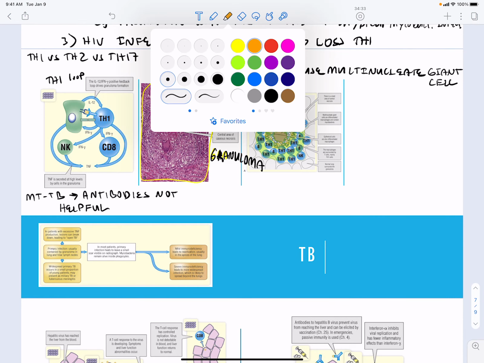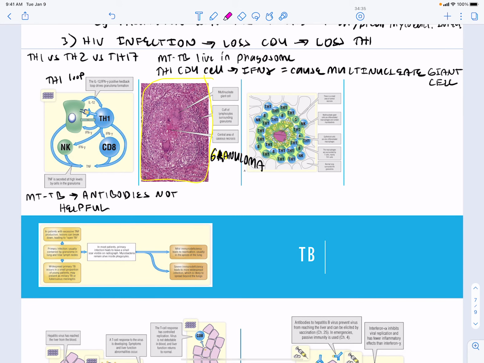Let me color that different. That's important. So you have a period of necrosis in the middle, and it looks like cottage cheese. So the necrosis looks like little holes. So you have a cheese-like morphology, which is a hallmark of Mycobacterium tuberculosis.